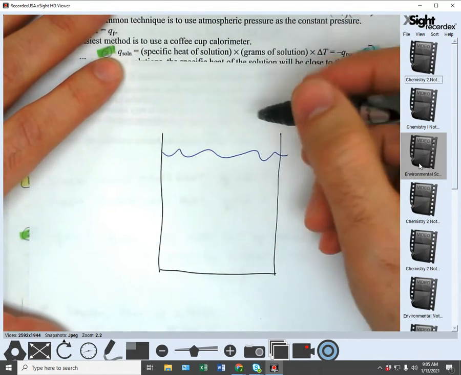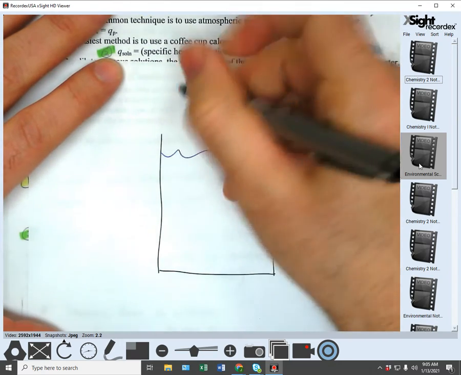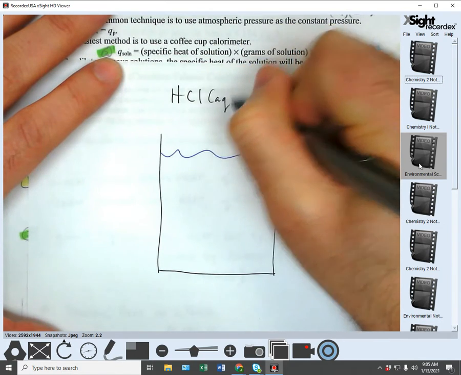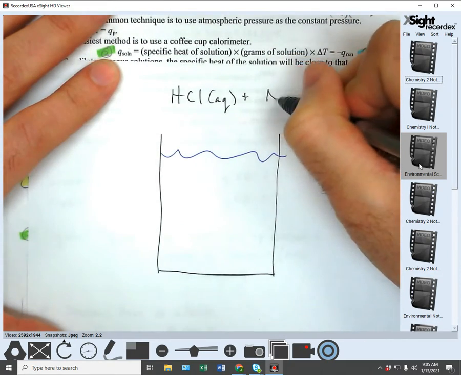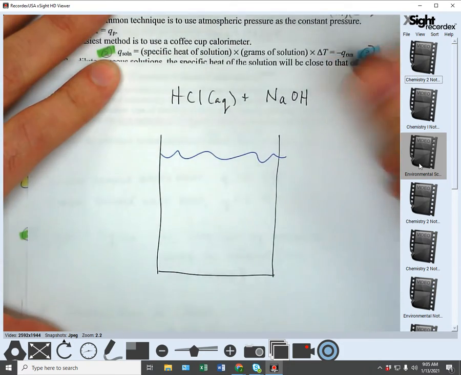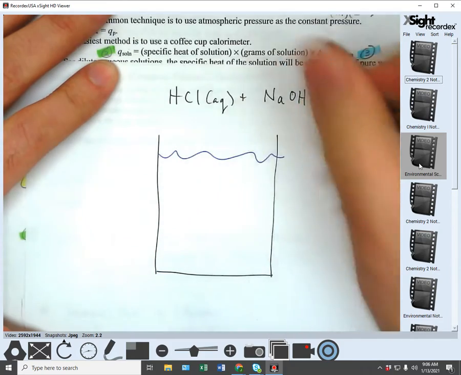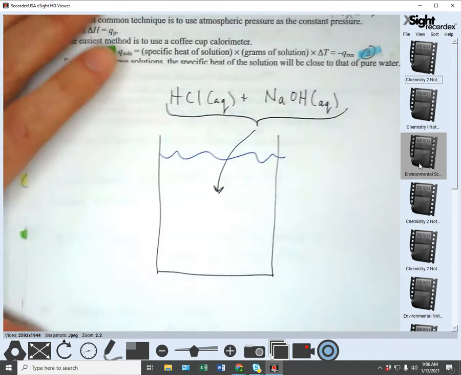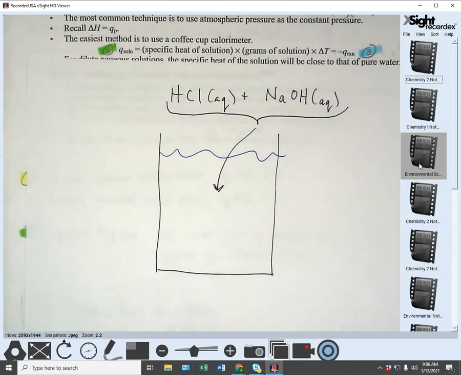Let's say we put hydrochloric acid with a solution of sodium hydroxide. So it's a neutralization acid-base reaction. This is occurring in a solution. They mix them together.